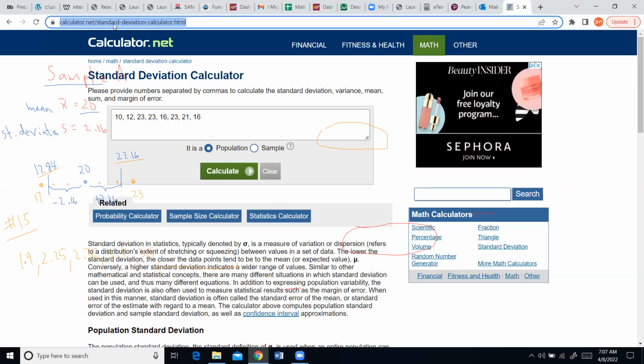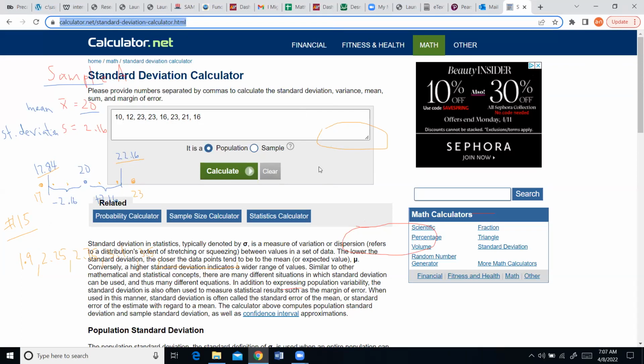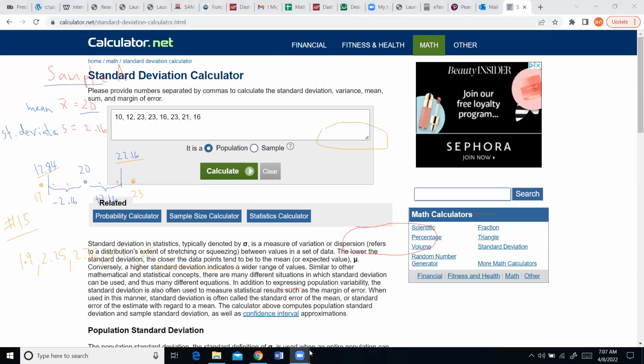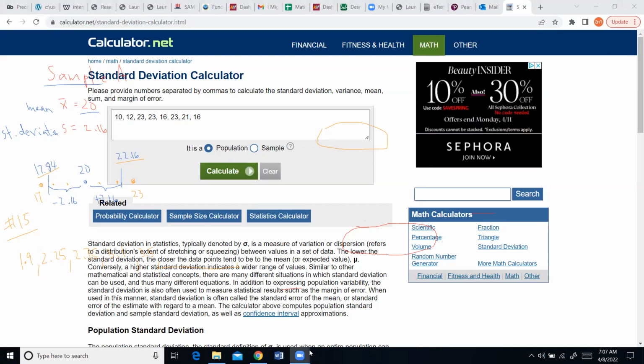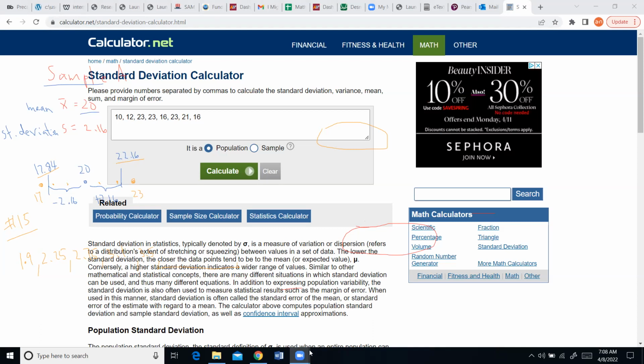If you have difficulty doing the search, I can put the link so you can click on it and get to this calculator right away. I just put this in the Zoom chat so you can look at the chat and just click on that link.